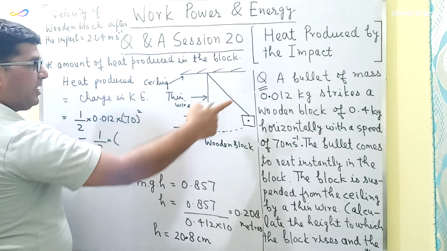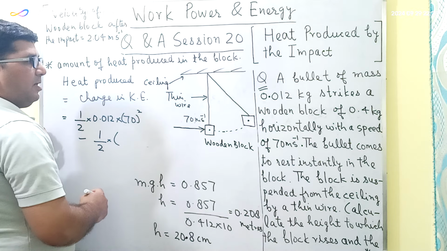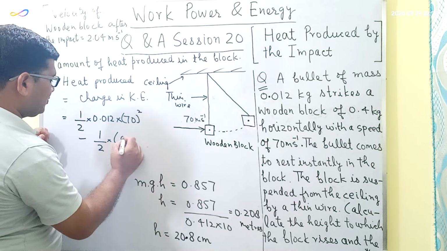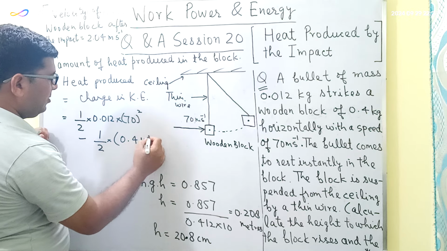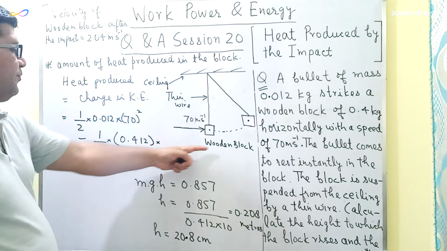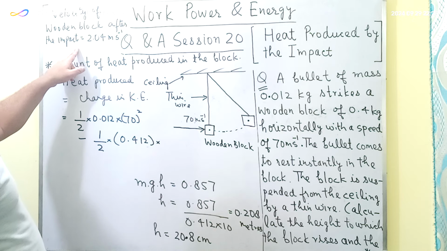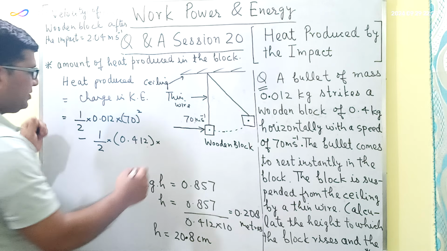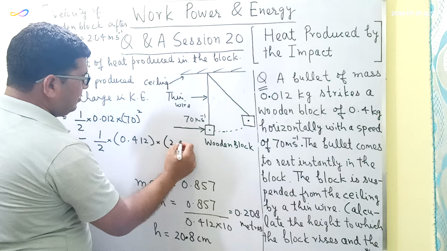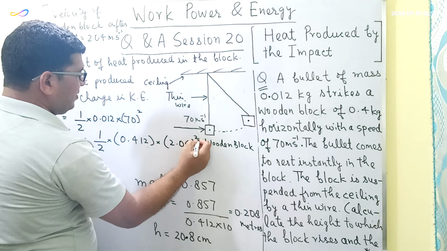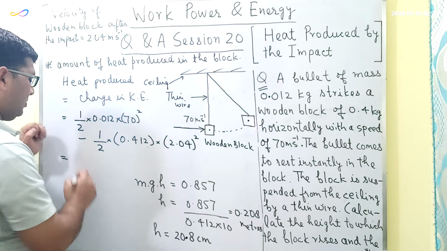So this will be 0.4 plus 0.012, so this is equal to 0.412 into the speed of this wooden block after the impact, which is 2.04 whole square.